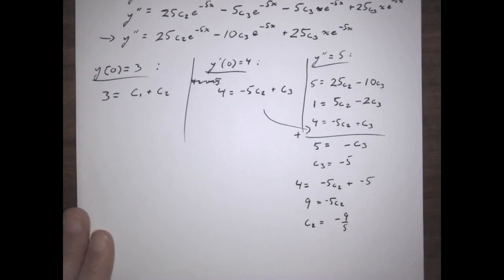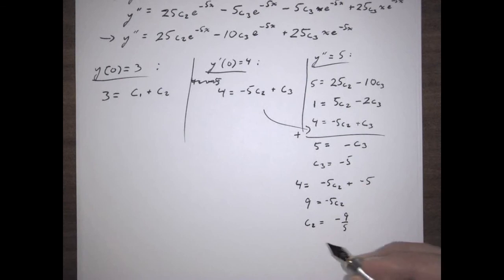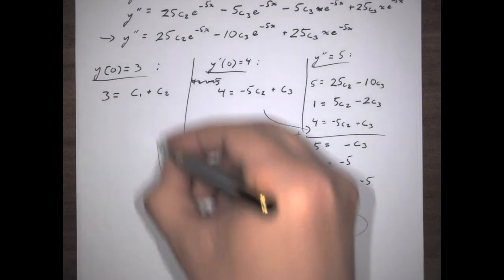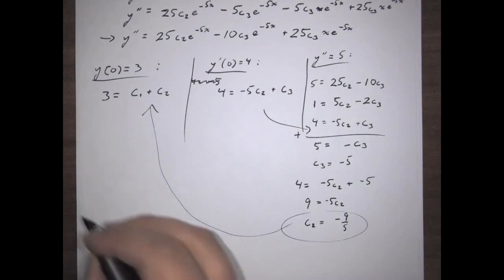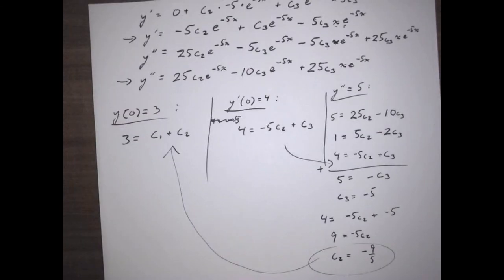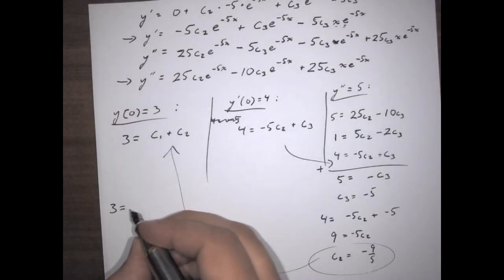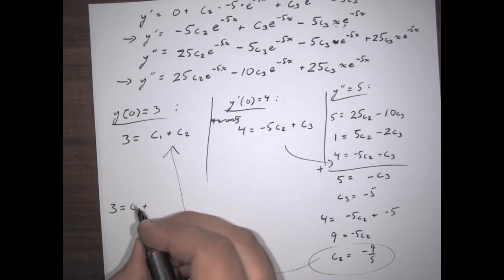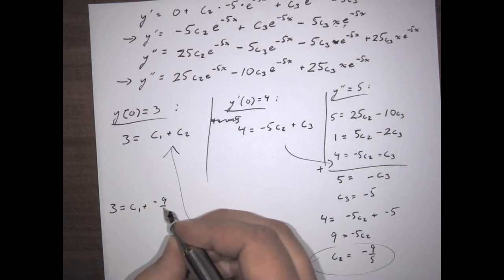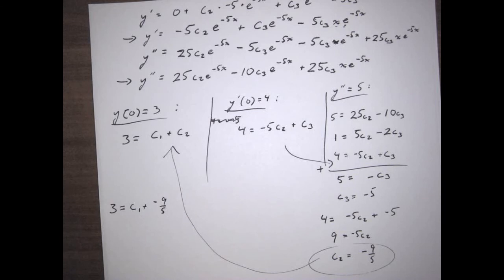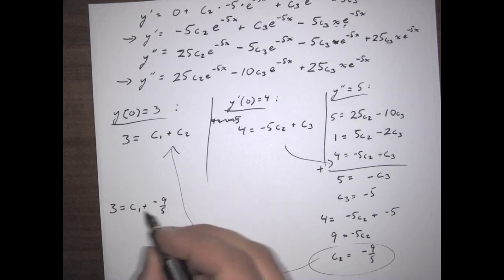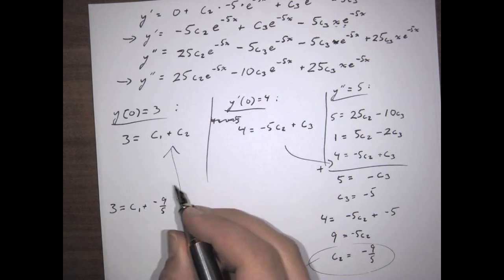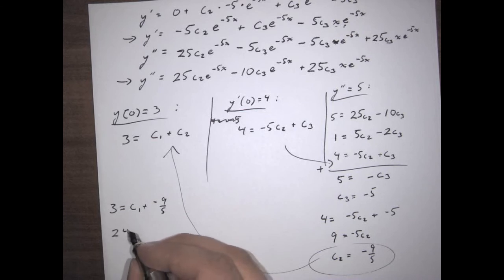But if that's what I have, then I can plug that in up here, and that's going to give me the 3 is equal to mystery c1 plus negative 9/5. So I just add that to both sides, and 3 is the same as 15/5 plus 9/5 is 24/5 is equal to c1.